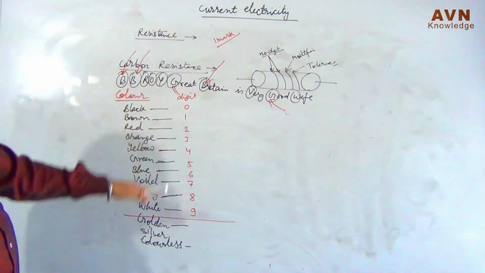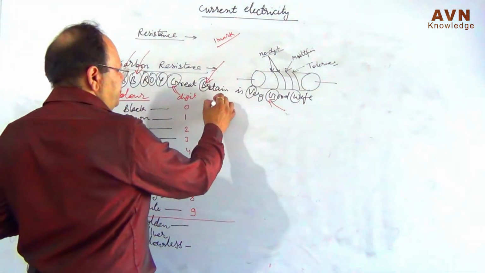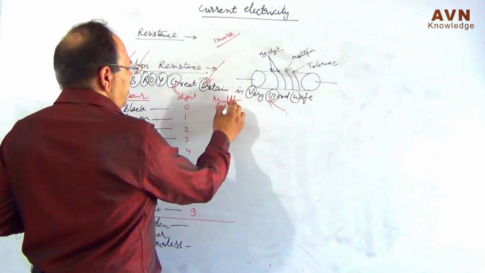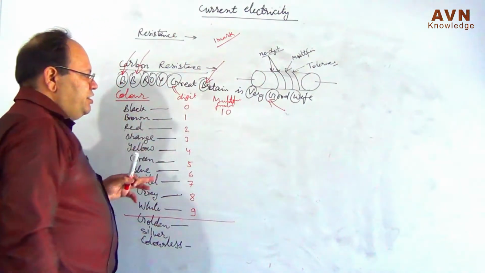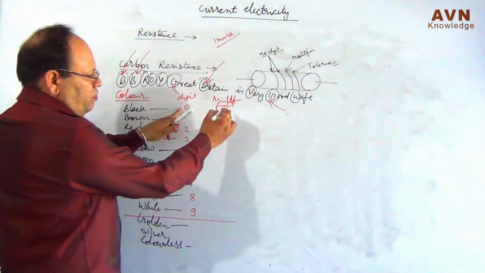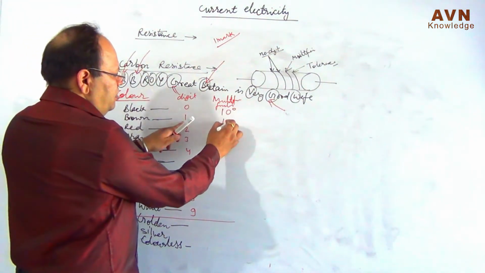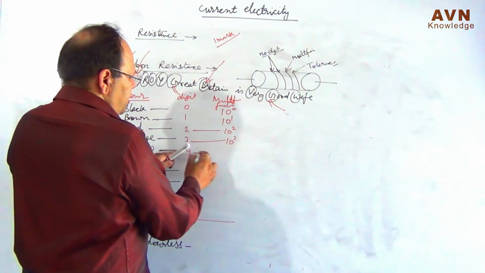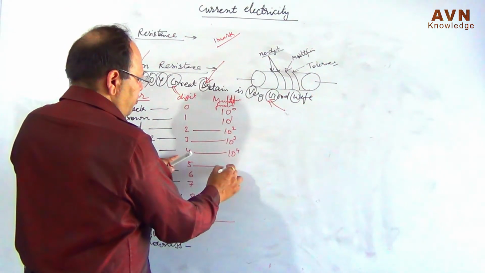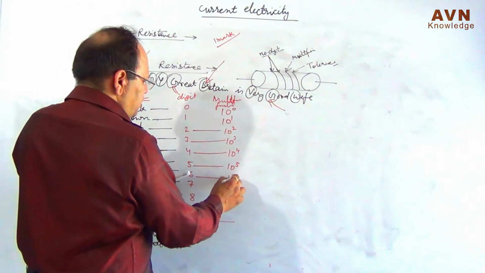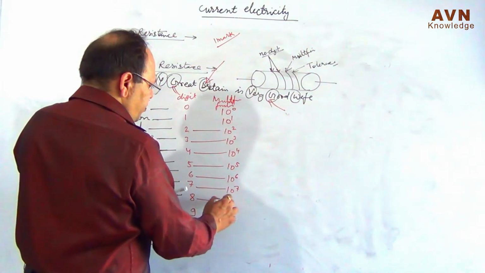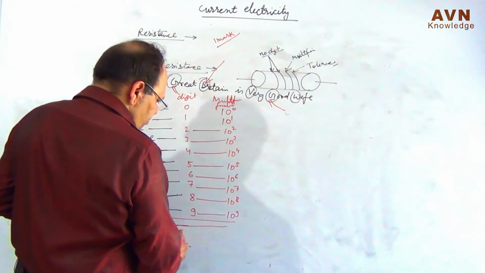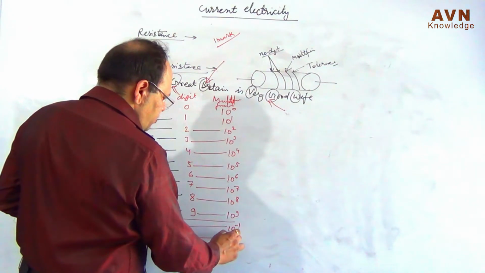Then the multiplier factor is always 10 raised to the power of this digit: 10 raised to the power 0, 1, 2, 3, 4, 5, 6, 7, 8, 9, and for golden and silver, 10 raised to the power -1 and 10 raised to the power -2.